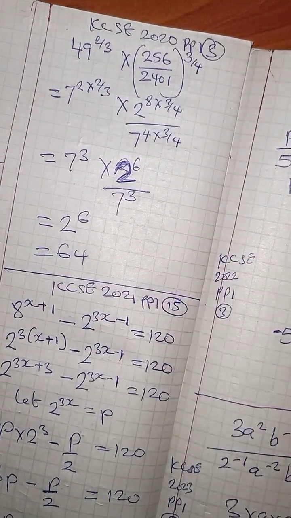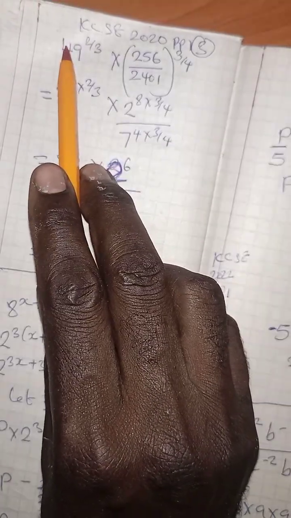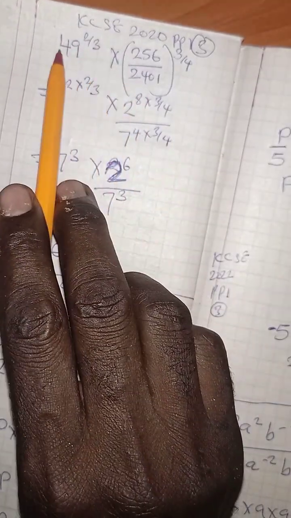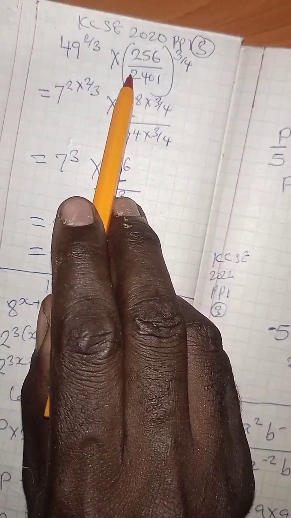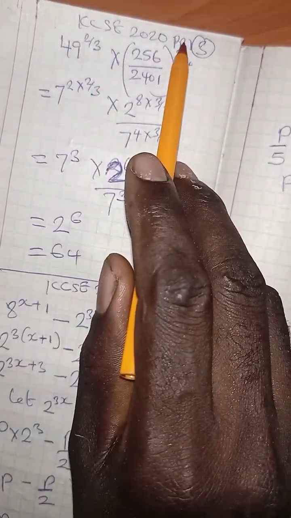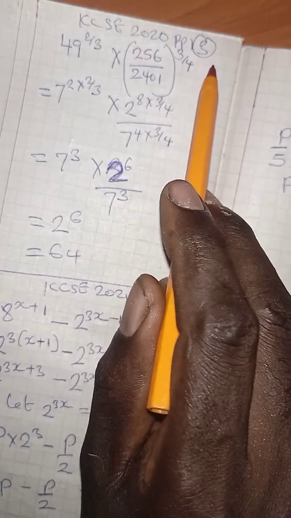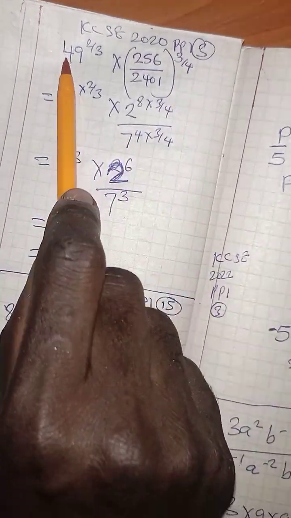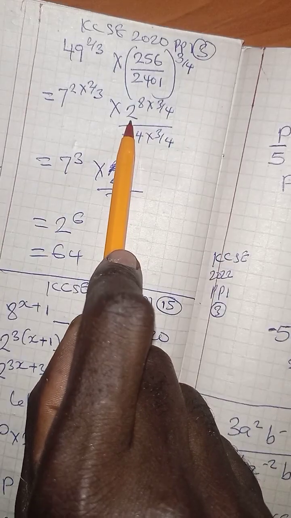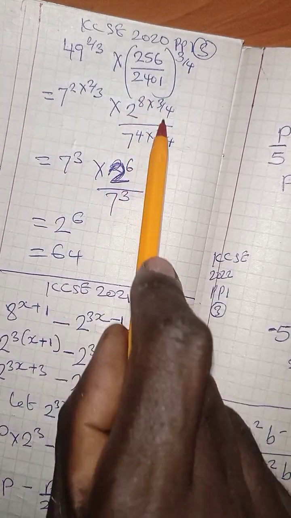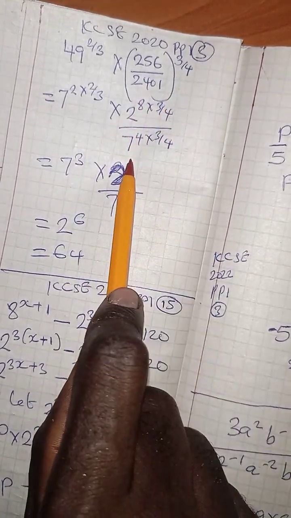Now we had a simple sum here. Students were told to find the value of 49 raised to the power of 2 over 3 multiplied by 256 divided by 2401 raised to the power of 3 quarters. Now if you simplify, 49 can be written as 7 squared. 256 can be written as 2 raised to the power of 8. And then 2401 can be written as 7 raised to the power of 4.